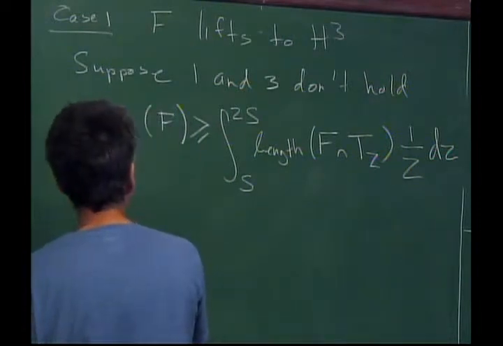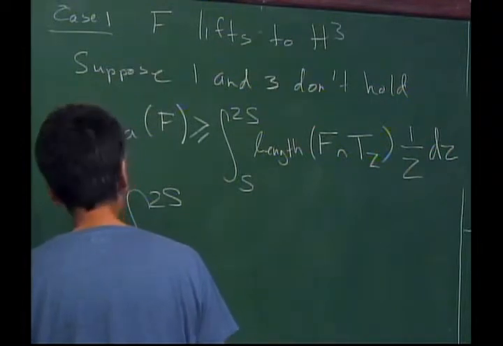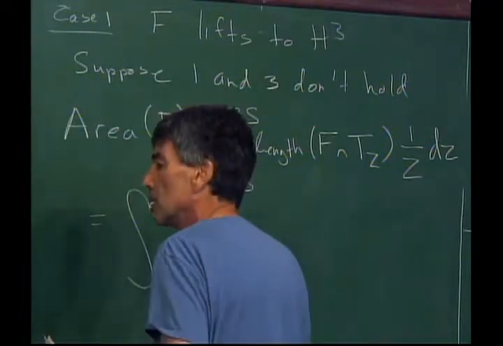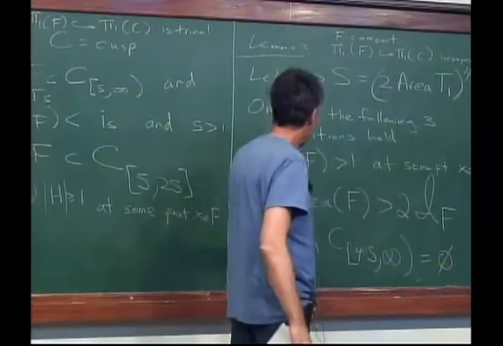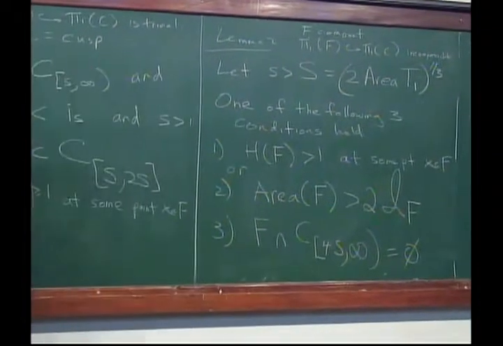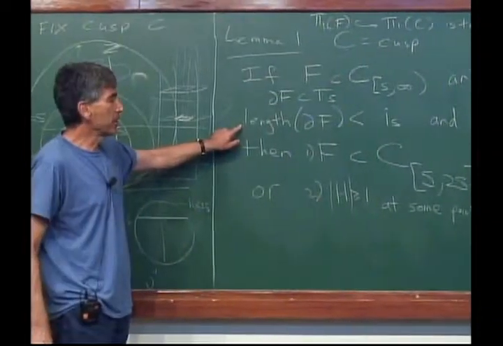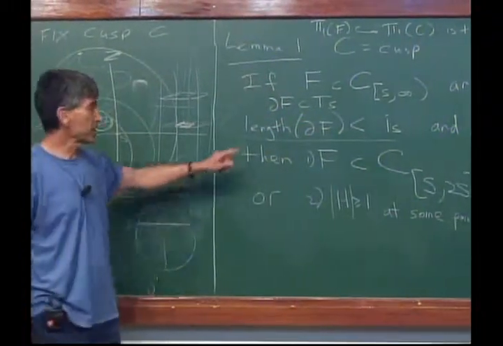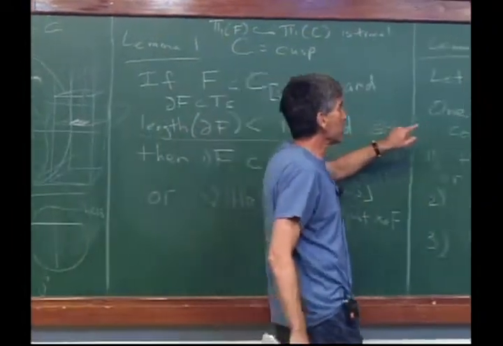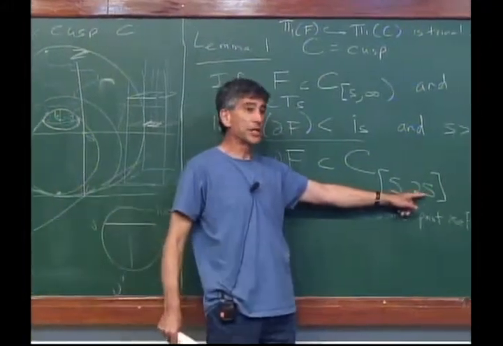And then this is the integral of, well, let's see. We can assume if this pokes all the way out to 4s, then nowhere between s and 2s does this condition hold, right? Because if this condition held for all z between s and 2s, then F couldn't poke out beyond 4s.